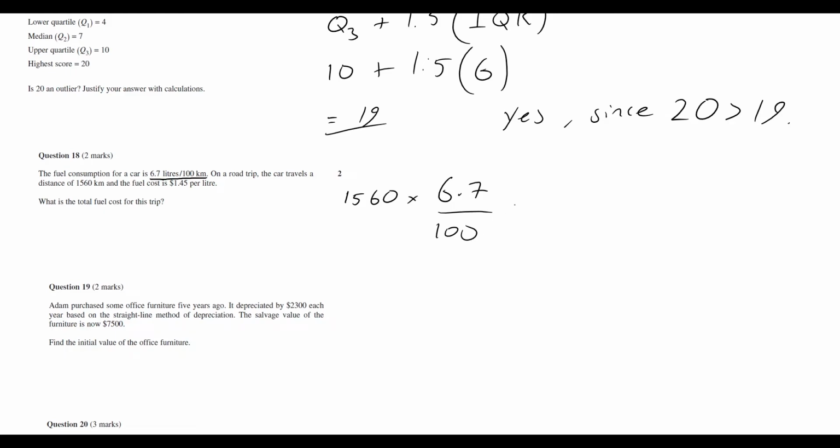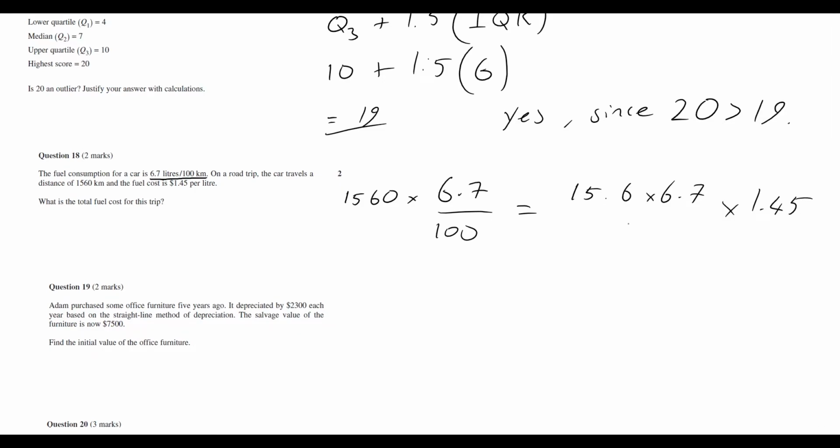Okay, fantastic. And so after computing that, we can just simply divide that by 100, and then we'll have 15.6 times by 6.7. So I'll just leave it as that for now. So that's how many liters of fuel this person has used. So what we need to do now is multiply that by how much did it cost per liter. So we'll have 15.6 times 6.7, and now times by 1.45.